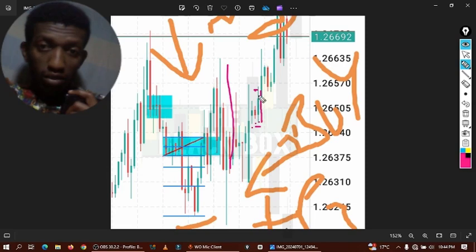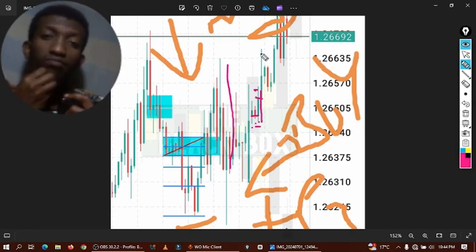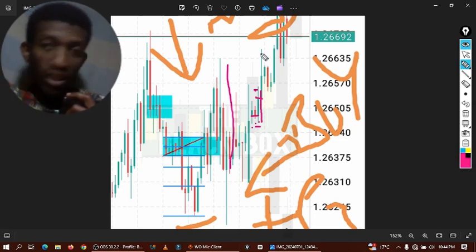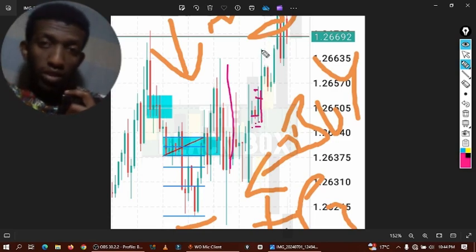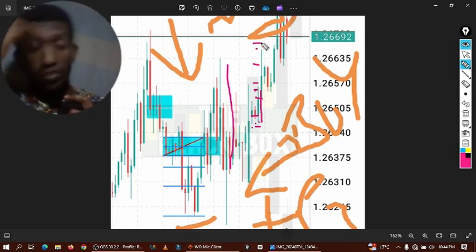From the body, steady, it's upside, as you can see. TP3 is nailed most likely. So TP1, TP2, and then TP3 will be up there most likely.